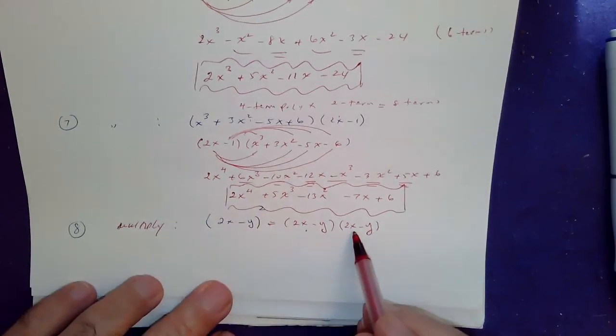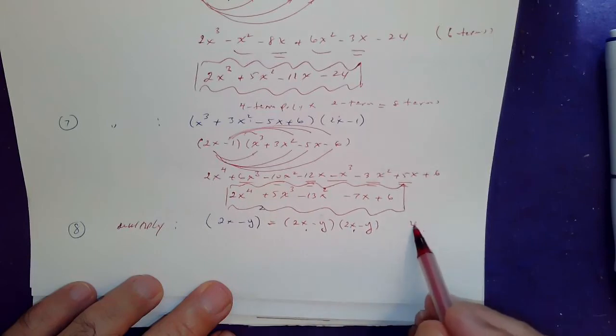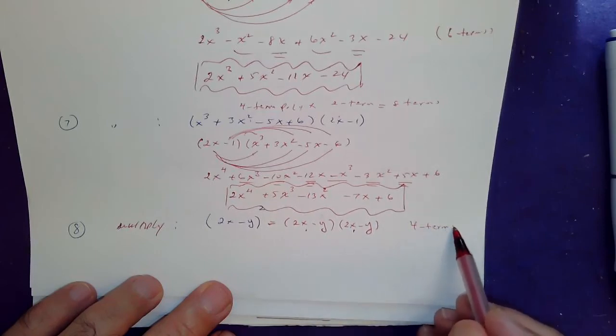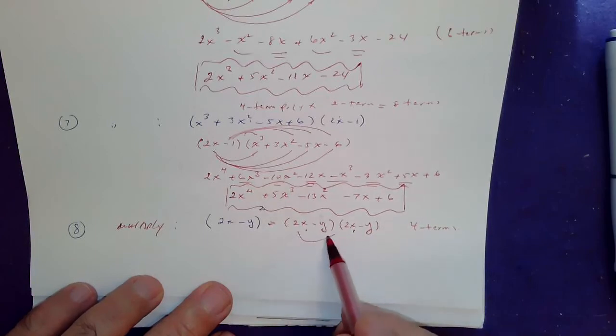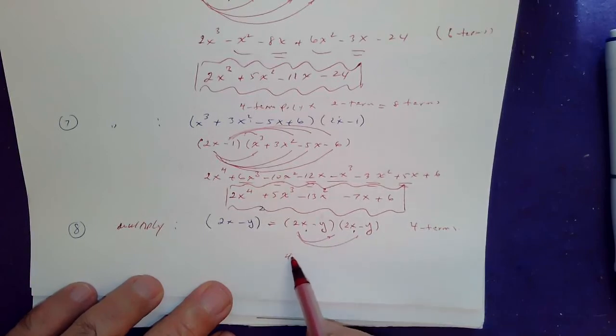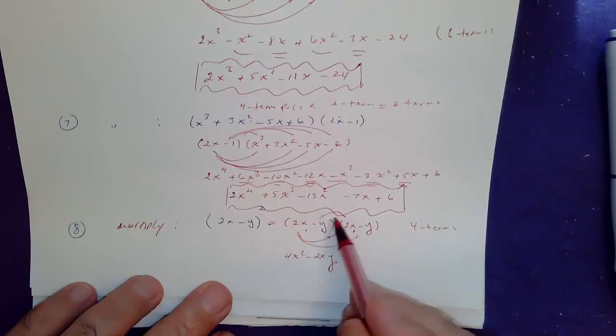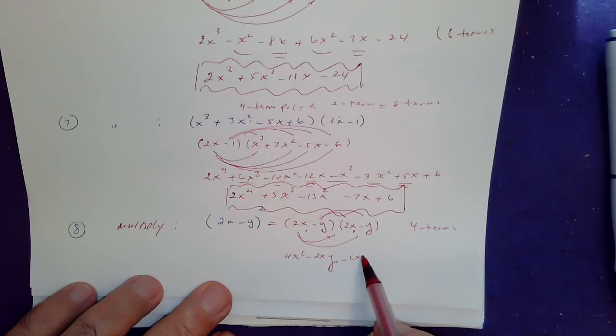So this is binomial times binomial, so I'm expecting to come up with what? 4 terms when I remove the parentheses. Distribute the 2x, so you get 4x squared minus 2xy. Now distribute the negative y, you get negative 2xy plus y squared.